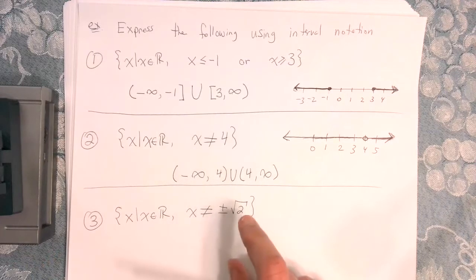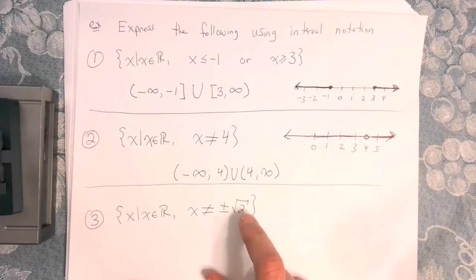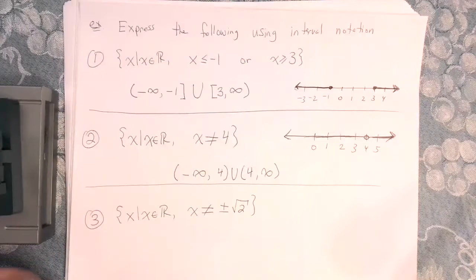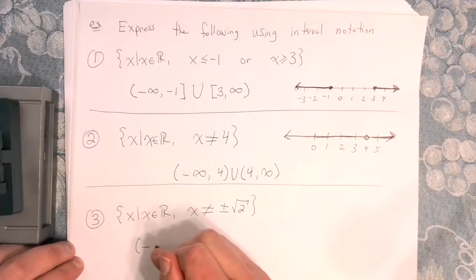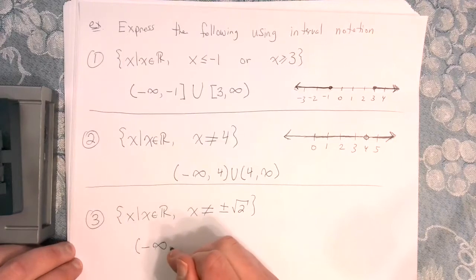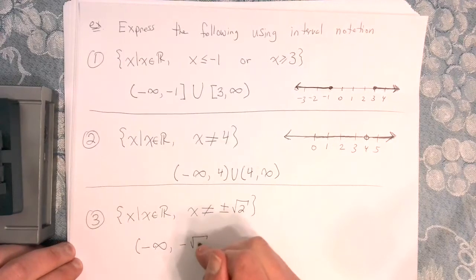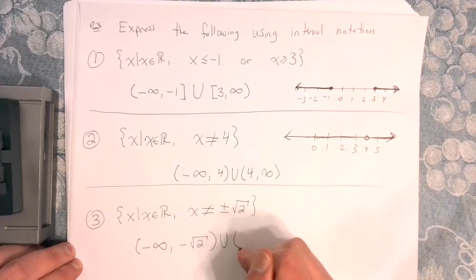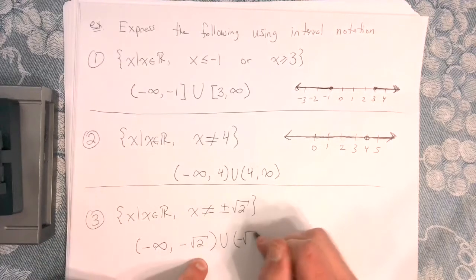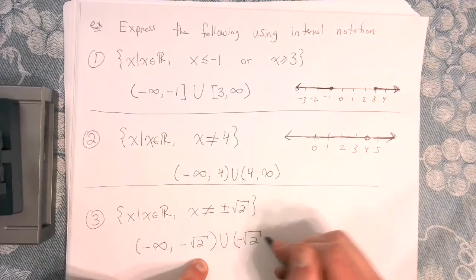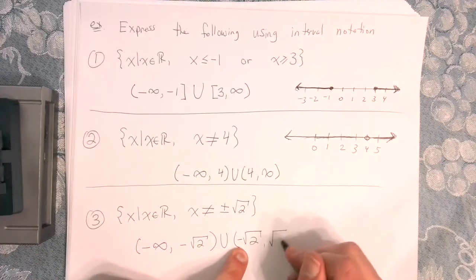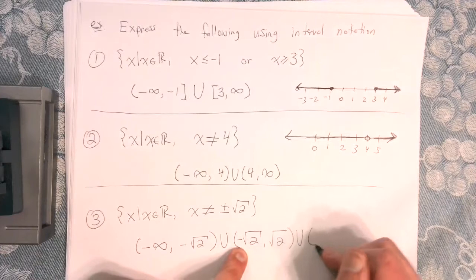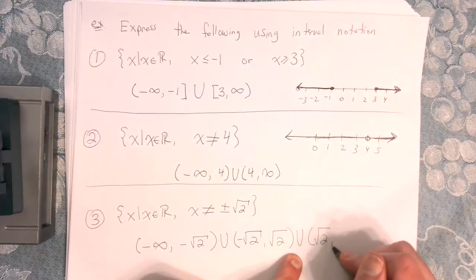There should be an open hole at negative radical 2 and another open hole at positive radical 2. So it shouldn't be a surprise, and if it is, draw a number line, that we get the following in interval notation. Okay, so this is how we're going to omit our radical 2, or negative radical 2 rather. But we also need to omit positive radical 2.